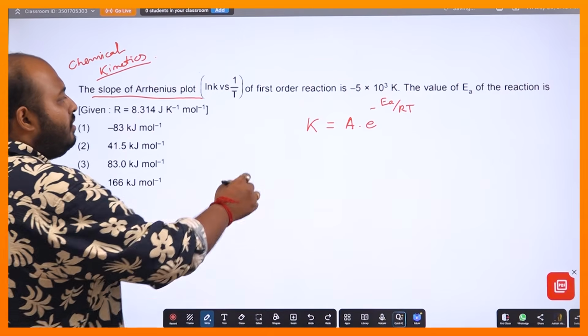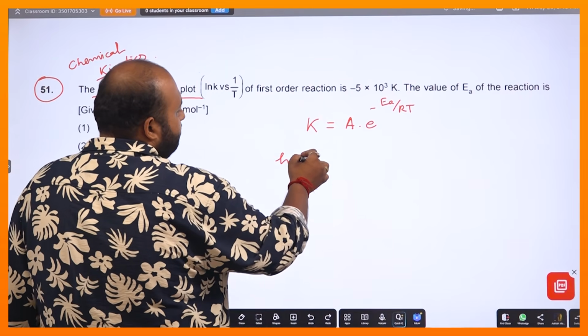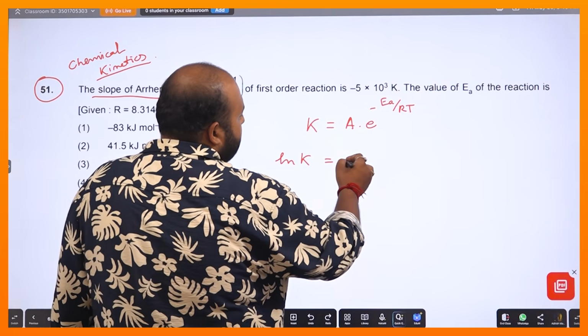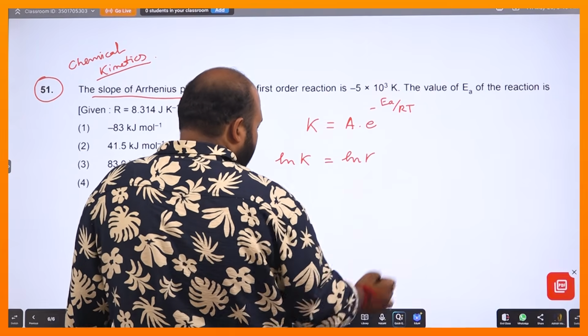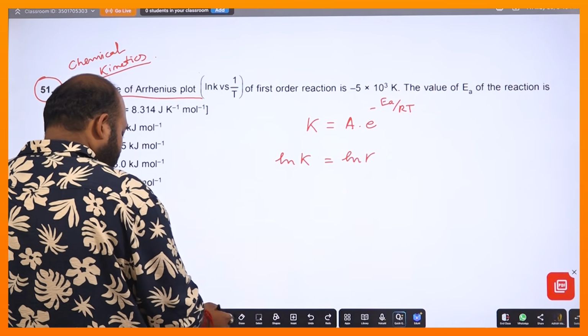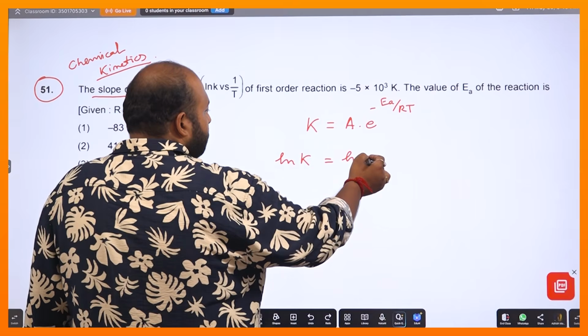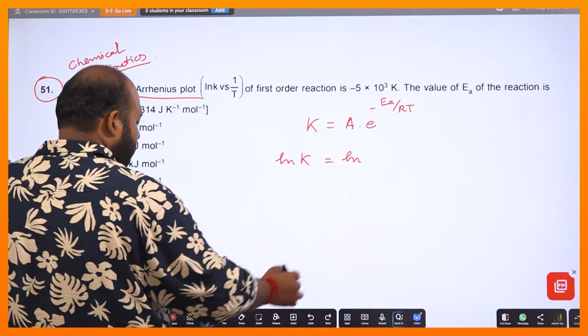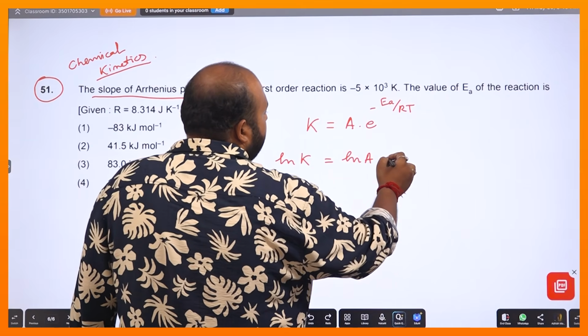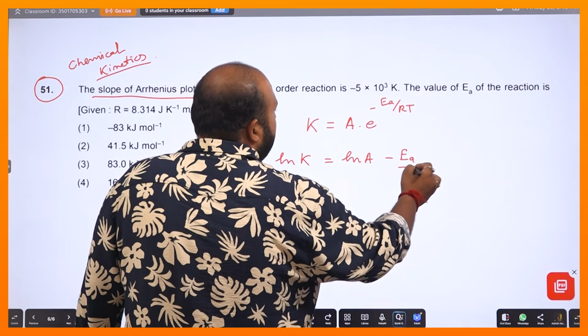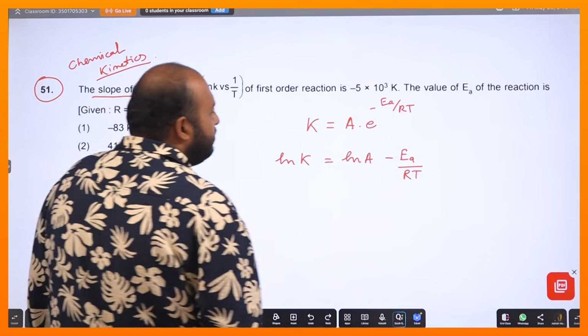So if we take natural logarithm on both sides, we will have the equation ln K equals ln A minus EA by RT.